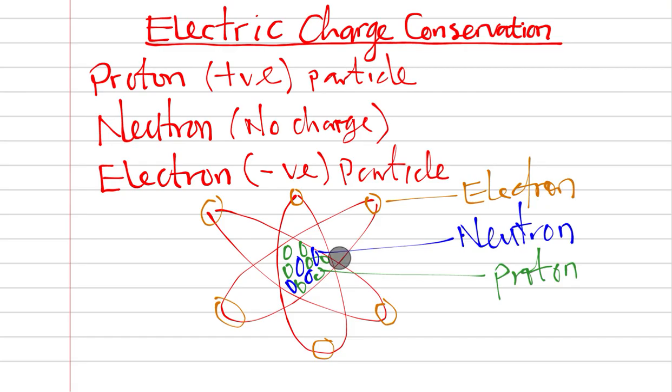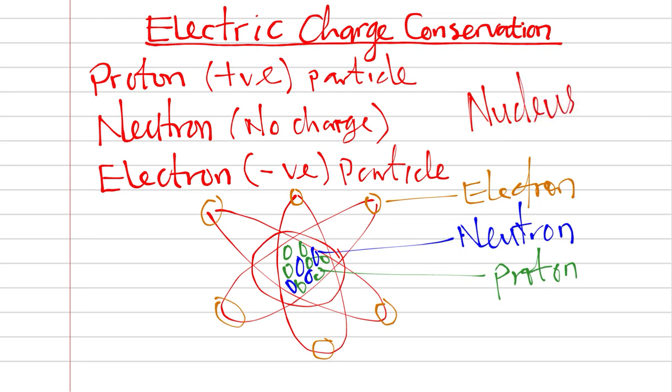This middle, this center here, is what we call the nucleus of an atom. The proton and the neutron are inside the nucleus. So proton is located in the nucleus. Neutron is also located in the nucleus. This is the nucleus. This is the spelling of nucleus.